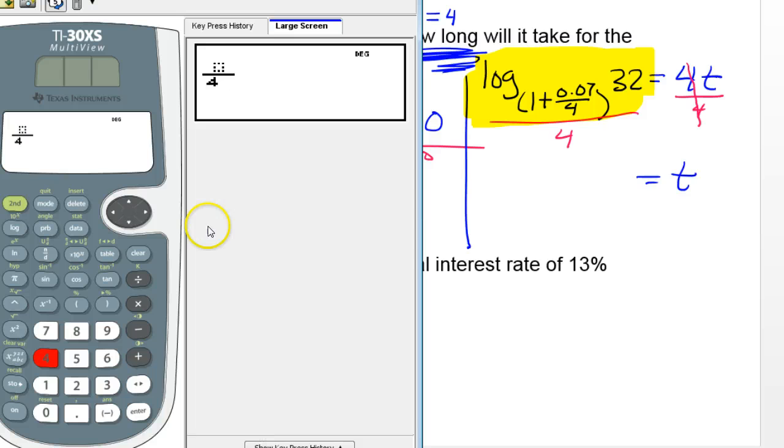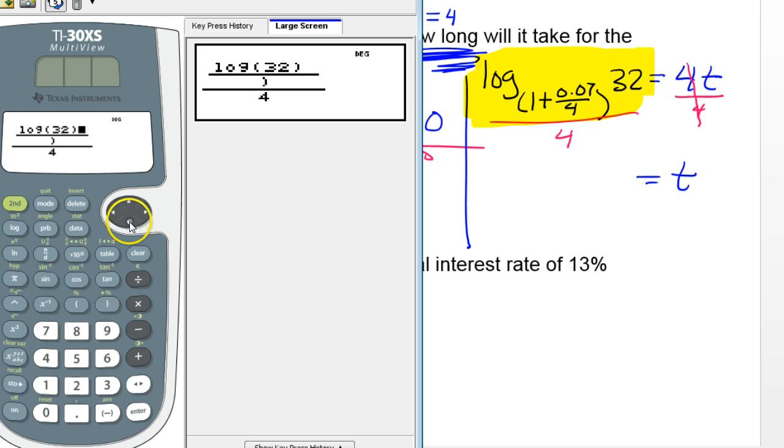Now, in the numerator, it's where I need to do my change of base formula with the log 32 over log 1 plus 0.07 over 4. So up in the numerator, now I hit my fraction button again. Now I can do my change of base formula up here. So up here, I will go log 32. Whoops, hold on.